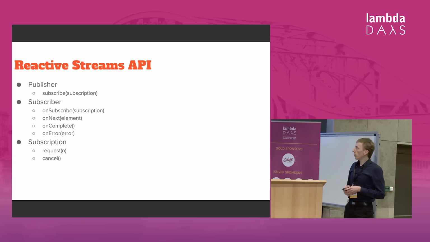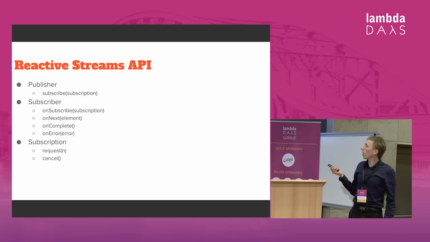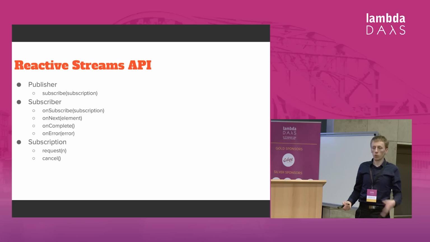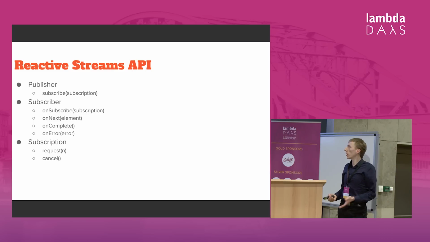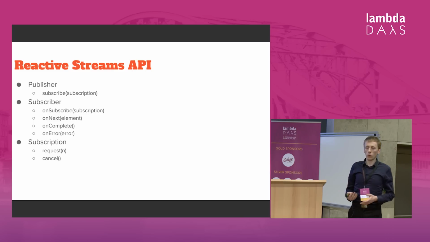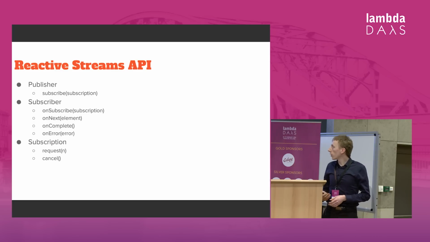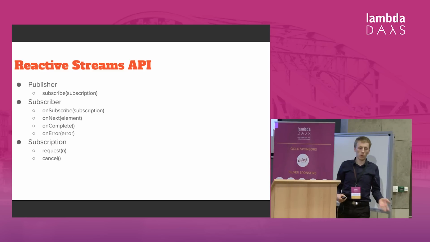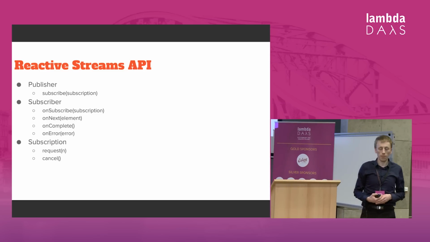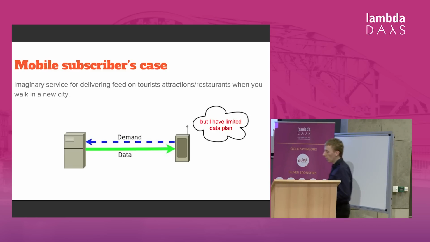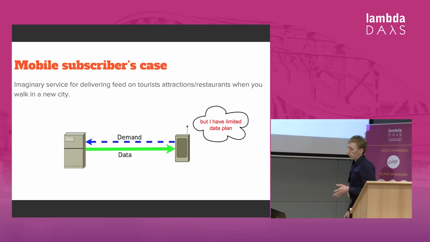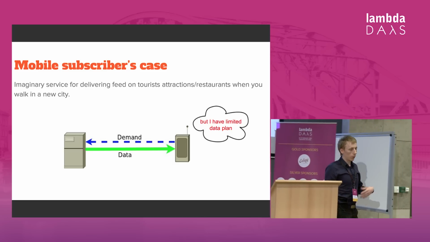The subscriber has callback methods: it is notified after the subscription is active, when the next element is delivered, when there's an error on the stream, or when the stream is complete. And the important element is the request method on the subscription that is used by a subscriber to provide the feedback.